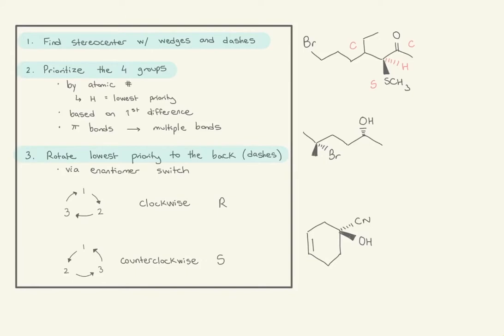With that, sulfur will receive the highest priority because it has the highest atomic number, and hydrogen will receive the lowest. To determine second and third priority between the 2 leftover carbons, we have to see what else they are attached to. This carbon is attached to an oxygen, while this carbon is attached to another carbon. Oxygen will receive higher priority.